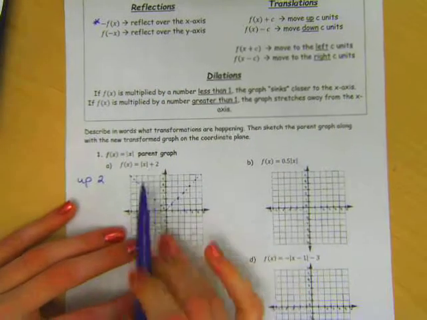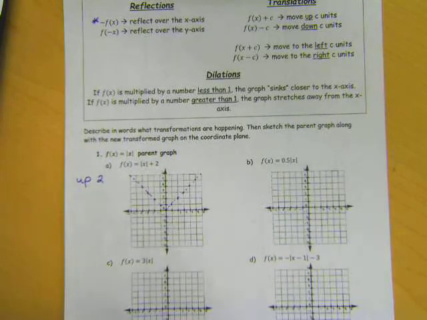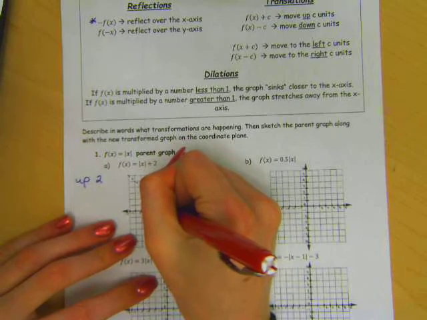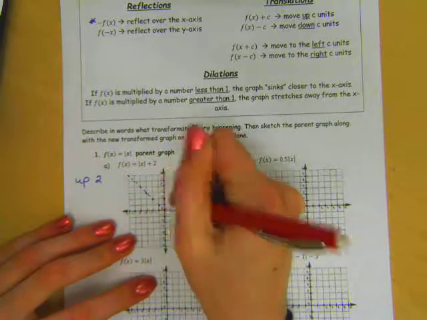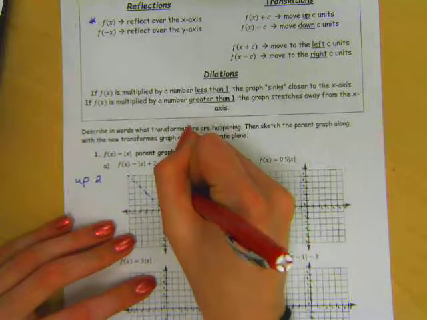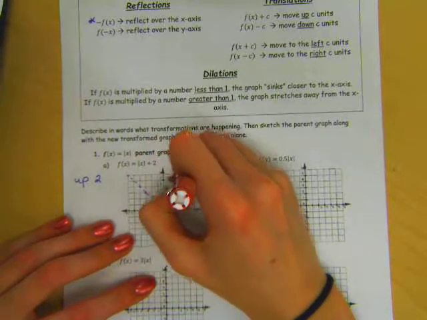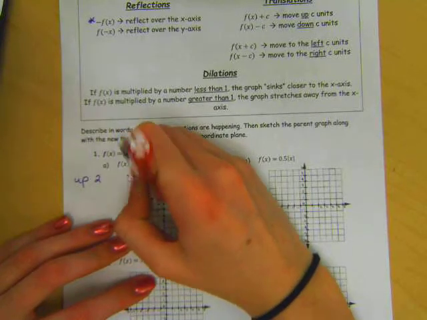From this, the only thing that's changing is that I'm moving up 2 units. So if I have 0, 0, I now have 0, 2. So from this point at 1, 1, I move up 2 spaces. So each of these points has moved up 2, and this is my final graph in red.